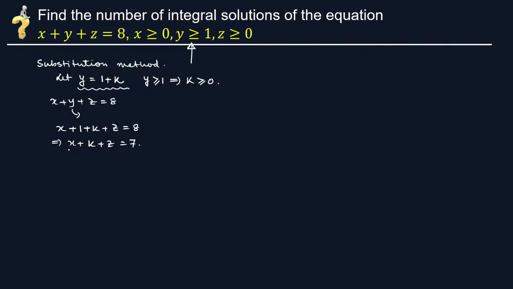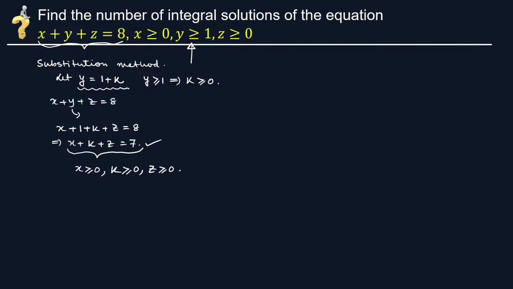Now finding the number of non-negative integral solutions for this is the same as finding the number of solutions of the original equation under the given conditions. Is it clear? Observe, x is greater than or equal to 0, that's okay. Here k is also greater than or equal to 0 and z is also greater than or equal to 0. So now we are free to use the partition method.